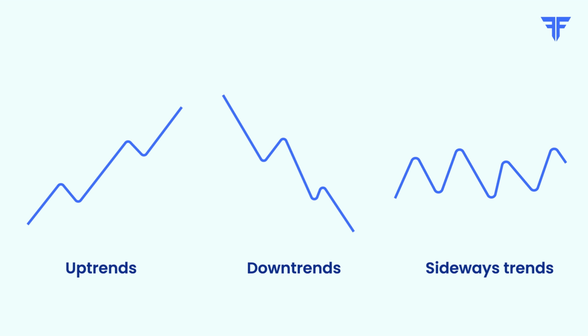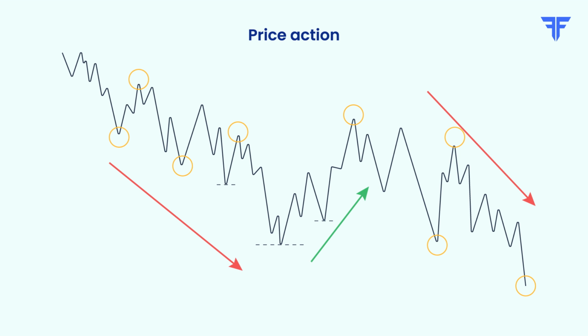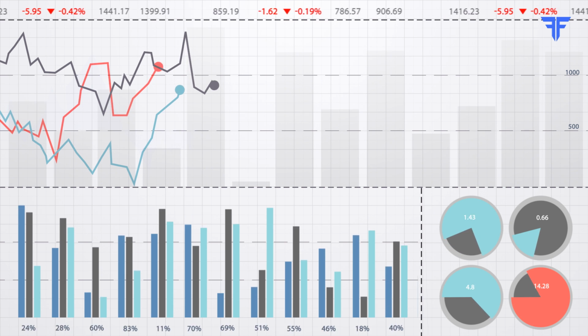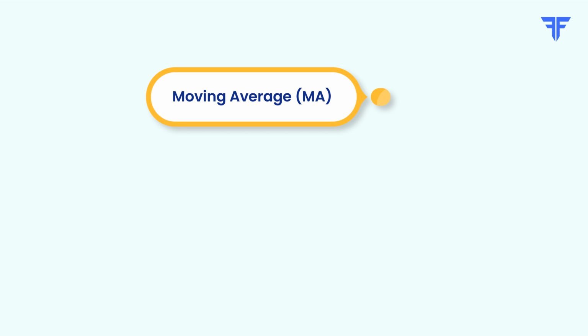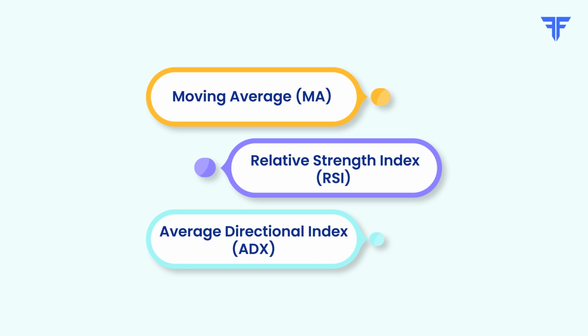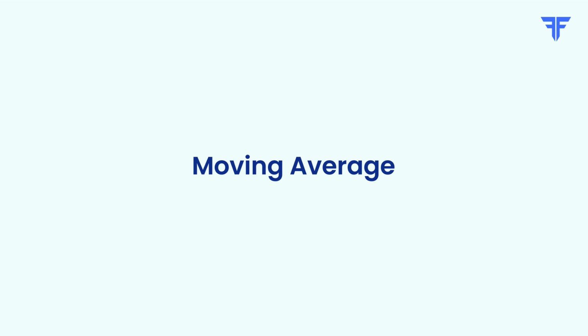There are varieties of ways to identify these primary trends, including looking at price action, but the most common trend trading strategies use technical indicators. Popular trend trading indicators include moving average, relative strength index, and average directional index. Moving average.